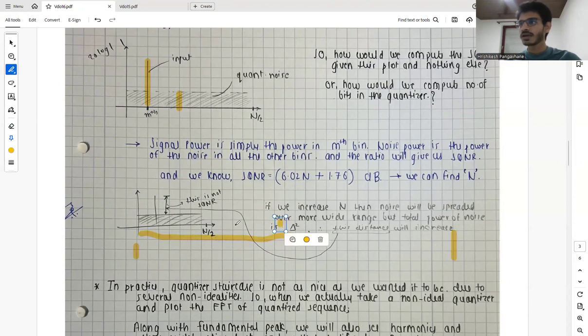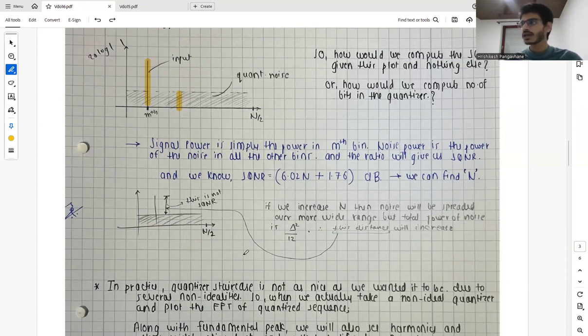So this much of noise will get spread more. Basically, if we double the record length, then the noise will be halved along the y-axis, and it will be spread throughout the bins. So if we increase the record length, the noise will be spread over a wider range, but the total power of the noise is delta squared by 12.